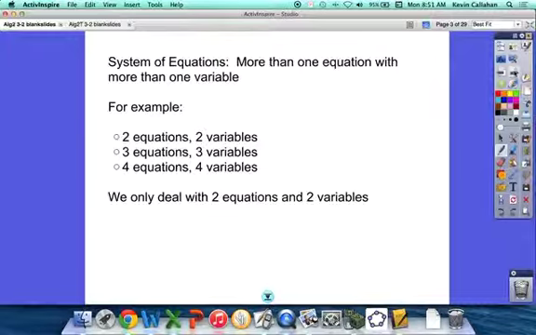I could say that when I was programming computers or learning about how we model the atmosphere, that was 7 equations and 7 variables. They weren't linear systems, but they were 7 equations, 7 variables. Now, what we do in this class is only the 2 by 2, right? 2 equations, 2 variables.